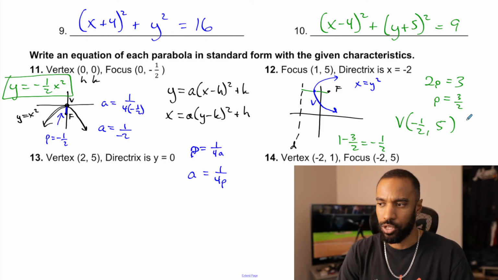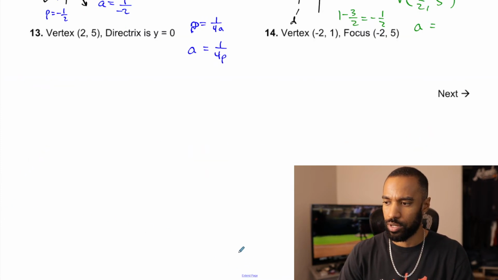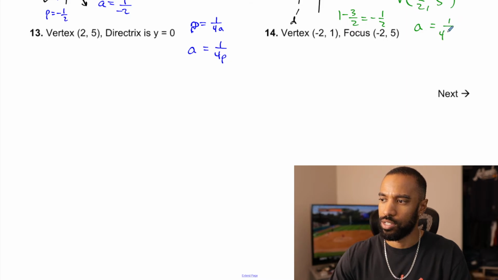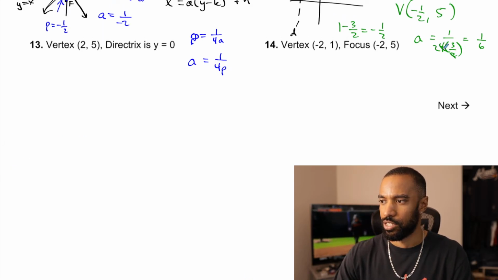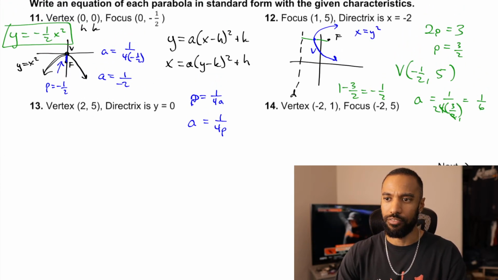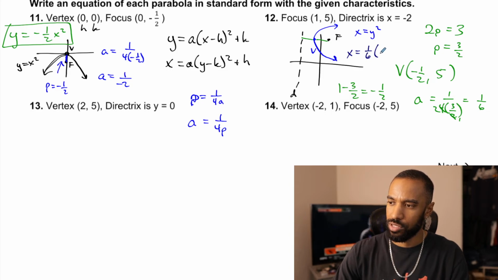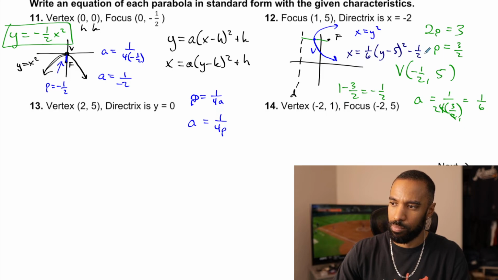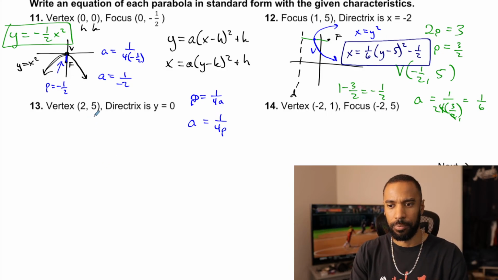Then your a value is 1 over 4p. So a is 1 over 4 times 3/2, which is 1 over 6. So your equation as an x = y² equation is x = 1/6 (y - k)² + h, so x = 1/6 (y - 5)² - 1/2. There's the equation. Nice and fun.